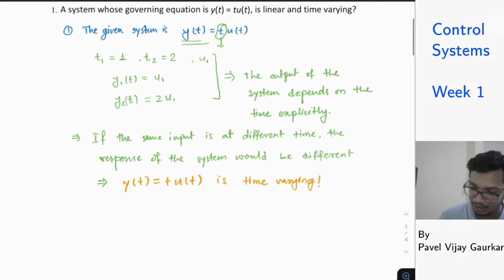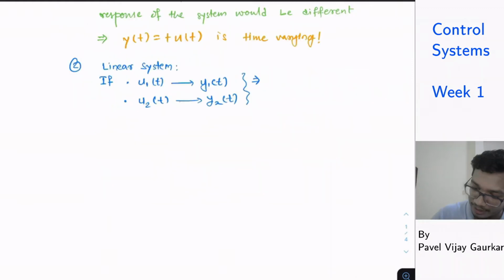Given this, if we give the system the input of u1 of t plus u2 of t, this would result in the system's output as y1 of t plus y2 of t. So this is condition A, our prerequisite.